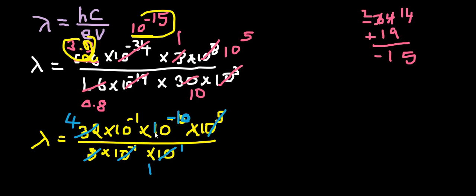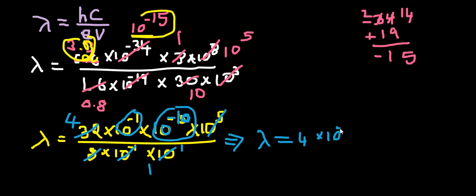Now this is going to be the lambda, which implies the remaining thing is 4. This is 10 power minus 1 and 10 power minus 10, into 10 power minus 11, which can also be written in nanometer, multiplying and dividing by 10 square.